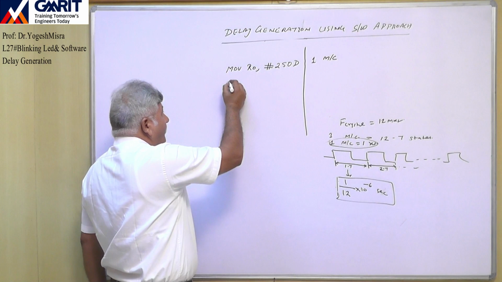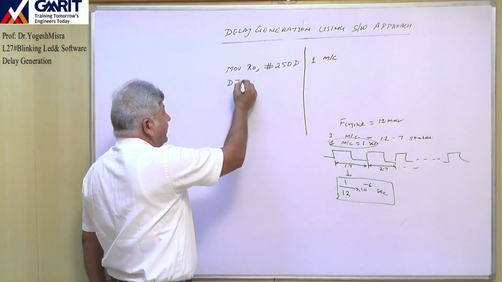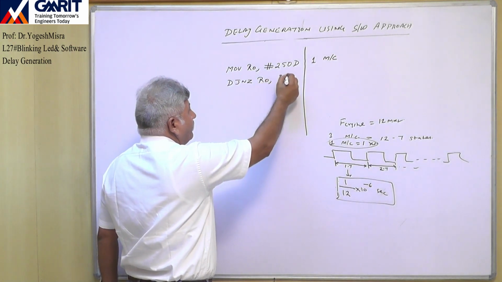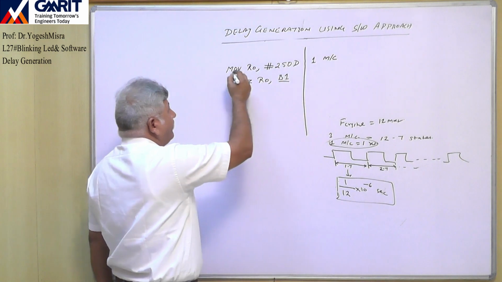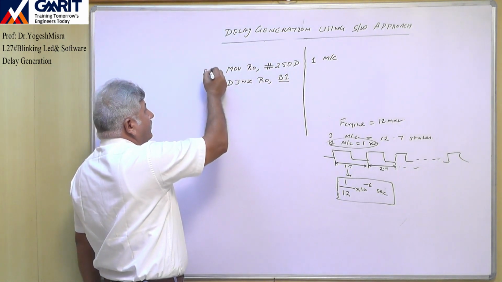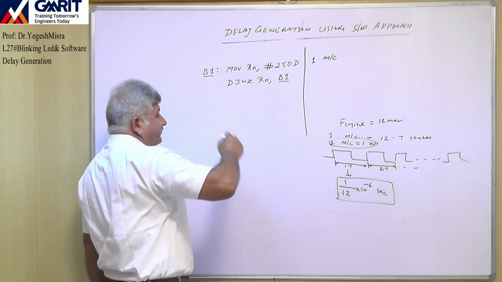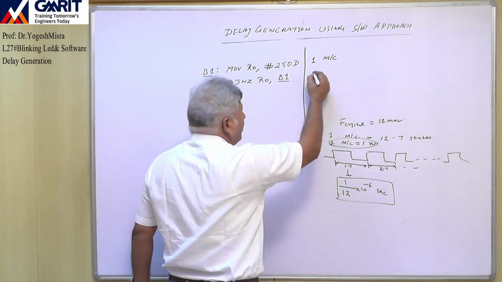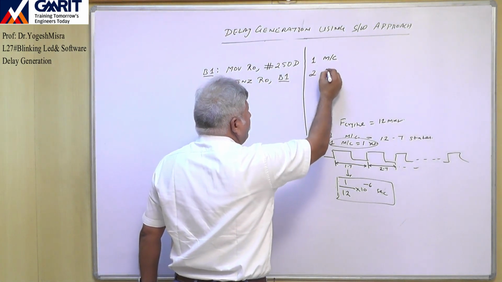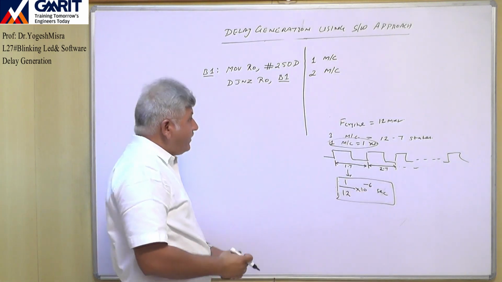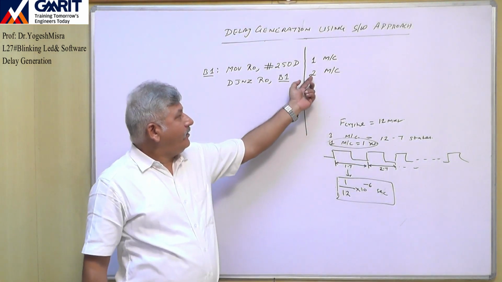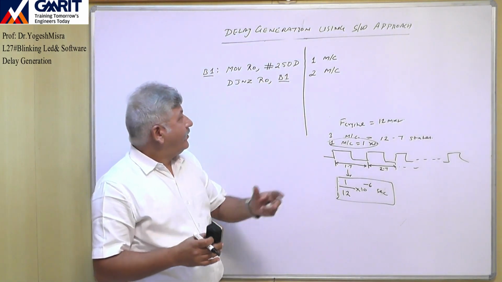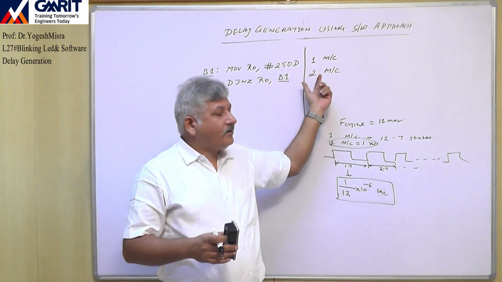After this, we write one instruction, DJNZ R0, go to label B1, and B1 is this label. To execute DJNZ R0, the microcontroller requires 2 machine cycles. You can find from the manual how many machine cycles are required for a particular instruction. For this instruction it requires 2 machine cycles.